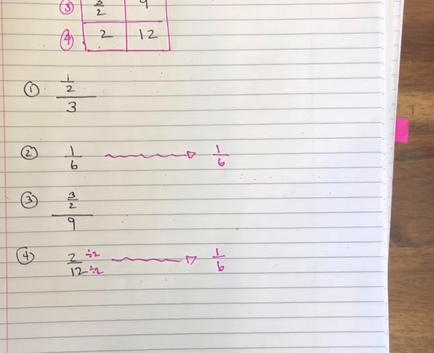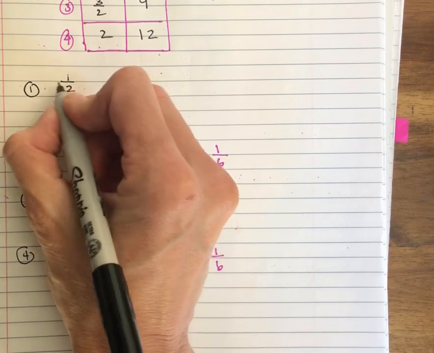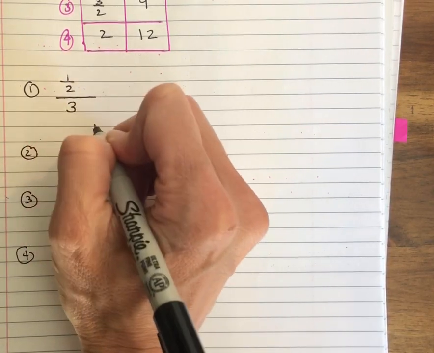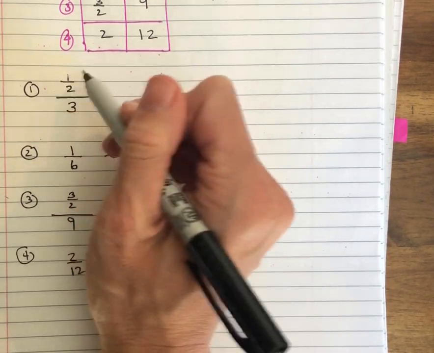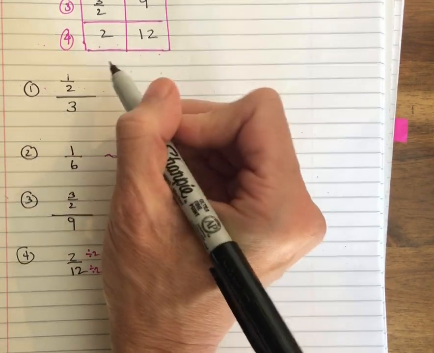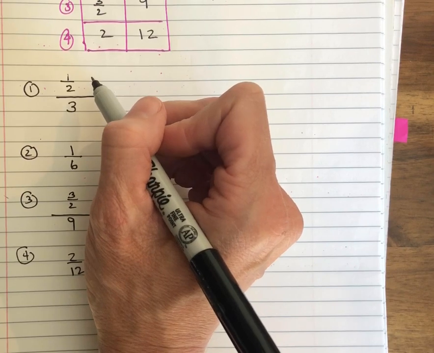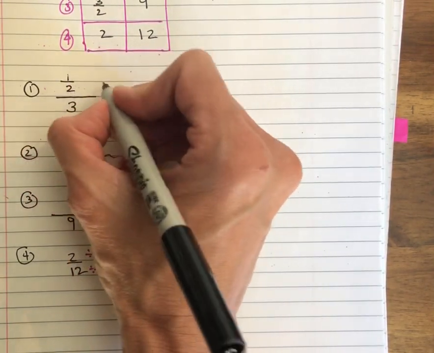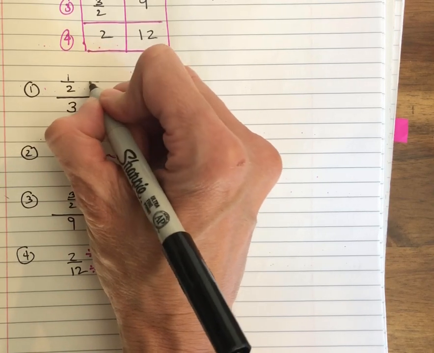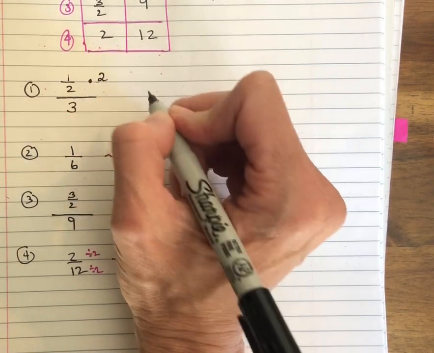Okay, in lesson 14.1, we dealt with getting rid of a fraction within a fraction. The easy thing about this one is it only has one fraction to eliminate. So in order to get this 2 to cancel out, we have to multiply by 2.